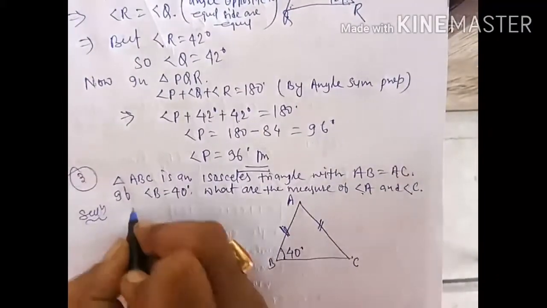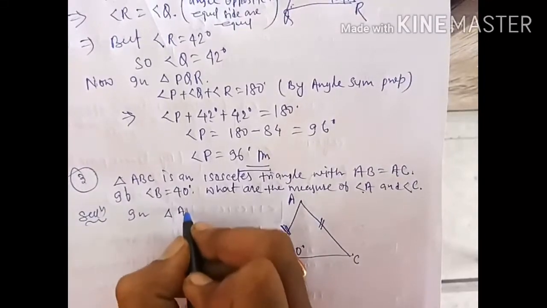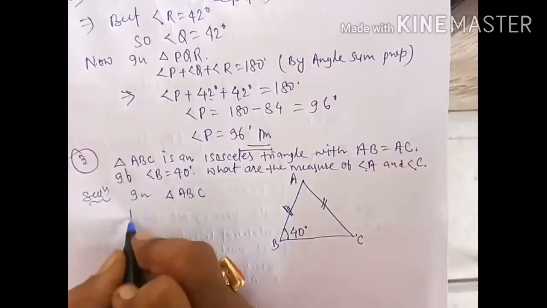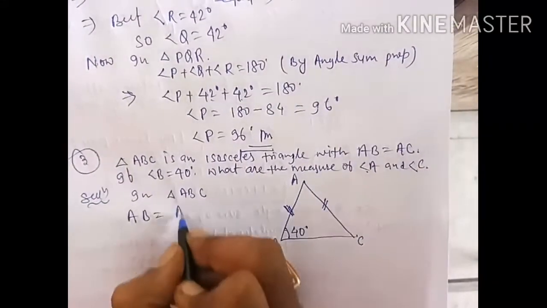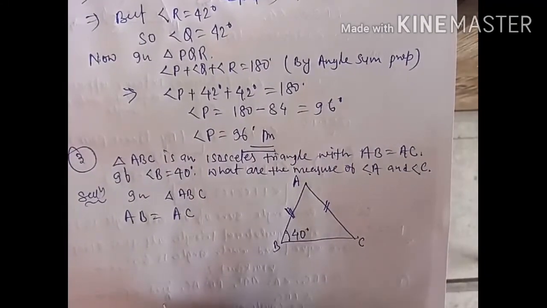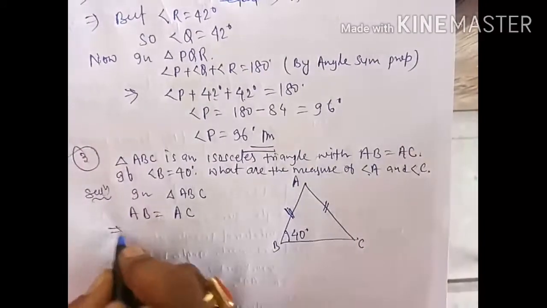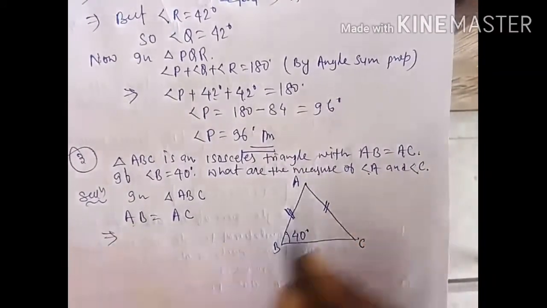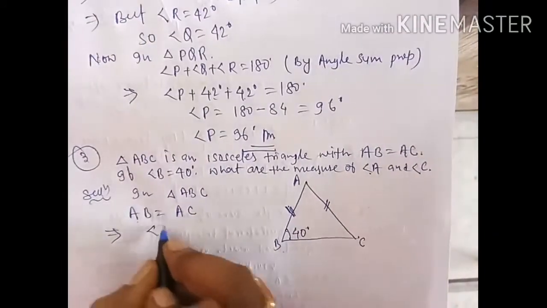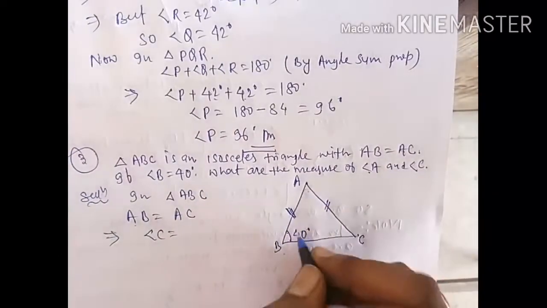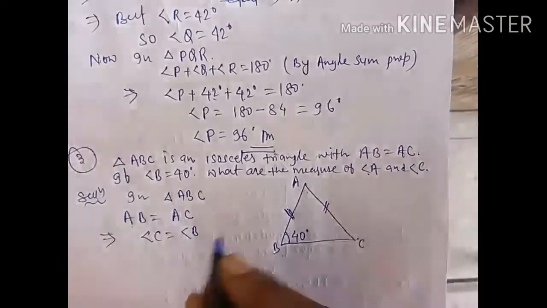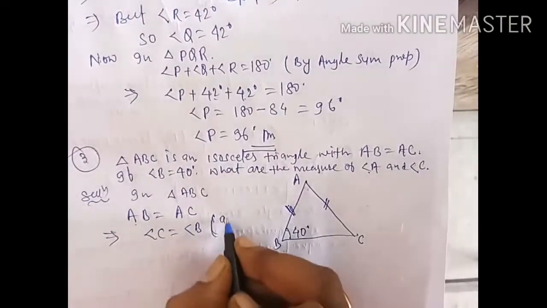Solution: in triangle ABC, given AB is equal to AC, we know that angle opposite to equal side are equal. So opposite angle of AB, that is angle C, and opposite angle of AC, that is angle B. By which property?